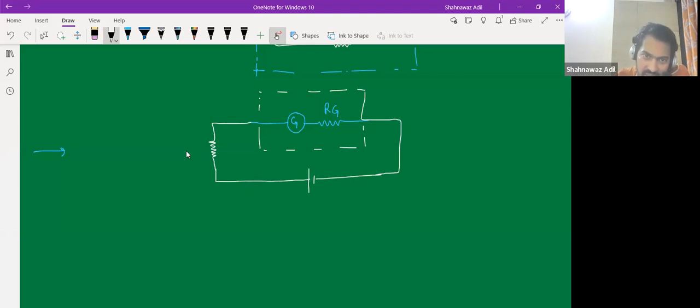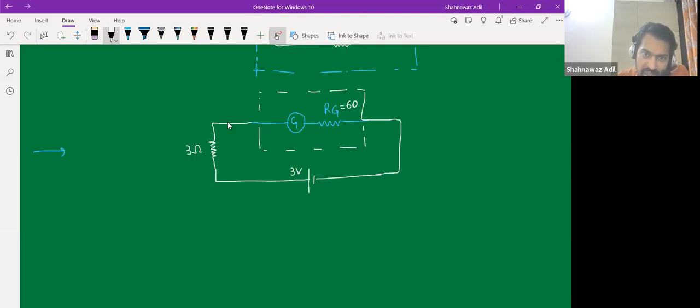So this is 3 ohm resistance, and let me say that this is 3 volts voltage. Now, this galvanometer has a very high resistance, let's say 60 ohm. You already know that this is 3 ohm, this is 3 volts.